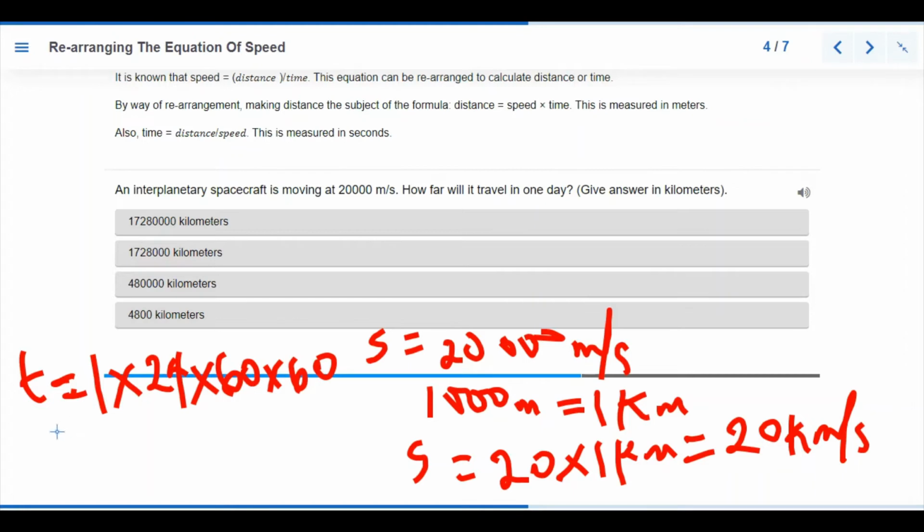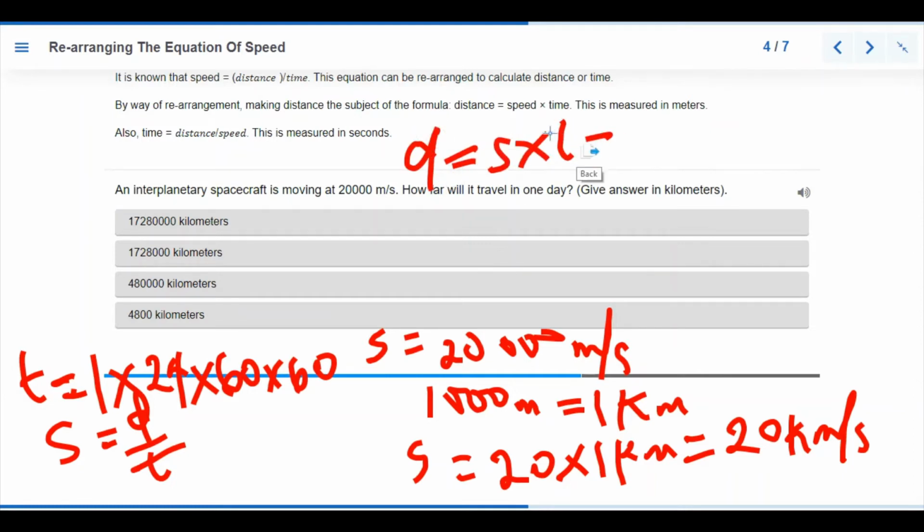So, speed is equal to distance over time. Distance now will be what? Speed times time, and that is 20 kilometers per second times 24 times 60 times 60.